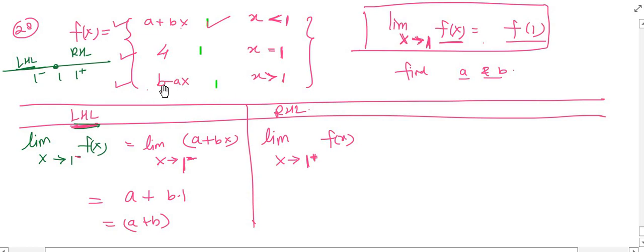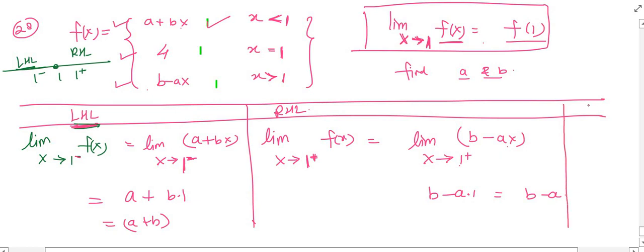This one, the third one, which is more than 1. So this will be limit x is going to 1 plus of b minus ax. Now directly put 1. So what we will get is b minus a into 1, which is b minus a. Okay, so this is LHL and RHL.